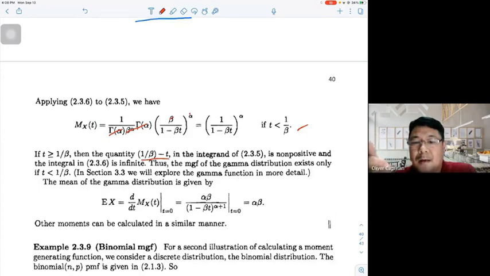Given in this problem is the probability density function. Say we're going to compute for the moment using the moment generating function. Though we can compute for the moment using the definition, no? Mas madali naman ang pag-compute ng moment using the definition.